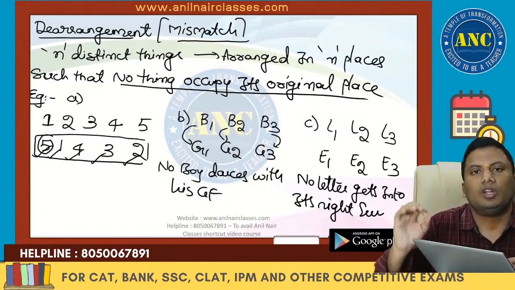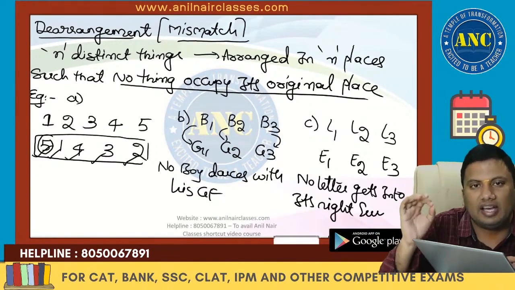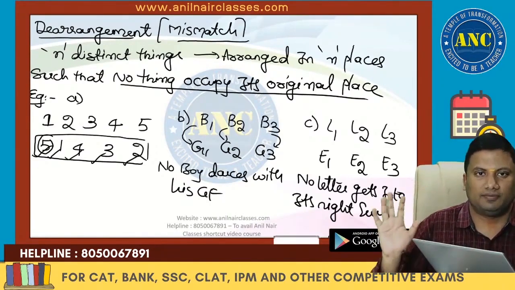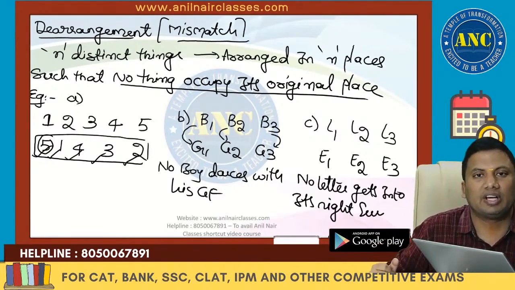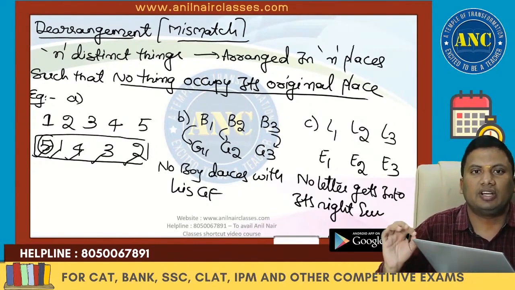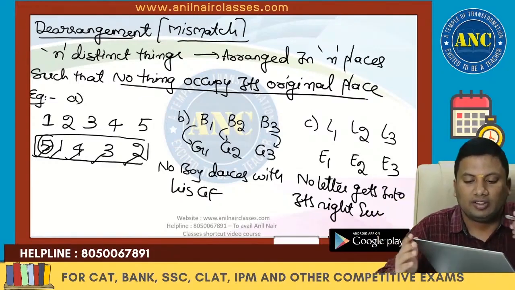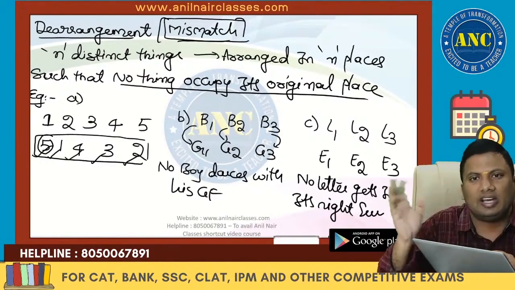Dearrangement, in simple language, is that none of the things is in its original position. Everything is altered to a different position. None of them is arranged in its original position. I hope this is clear. Mismatch means everything is mismatched.